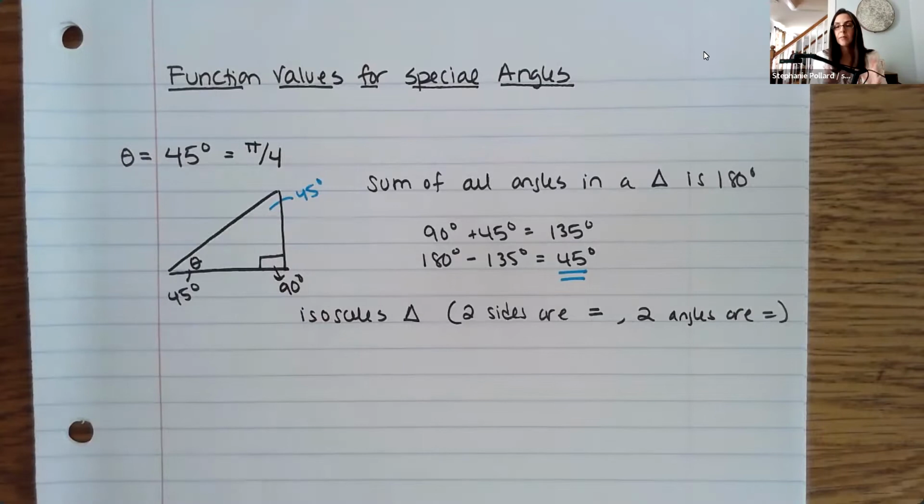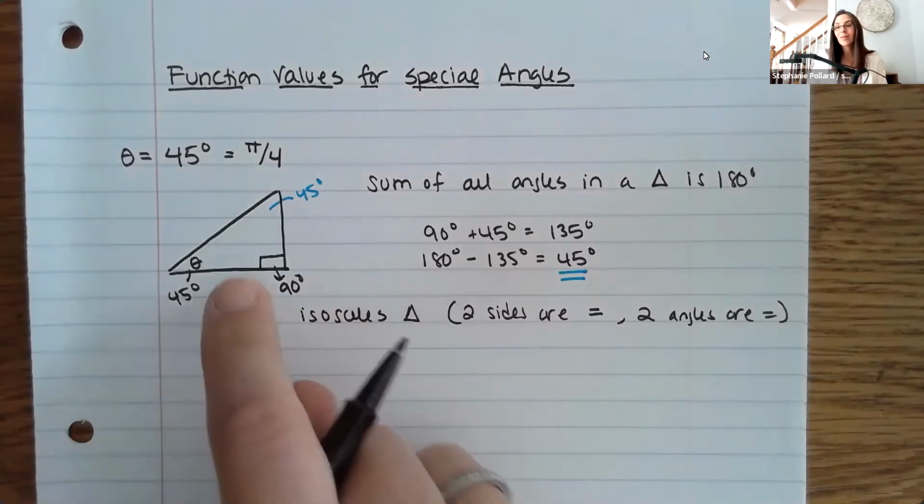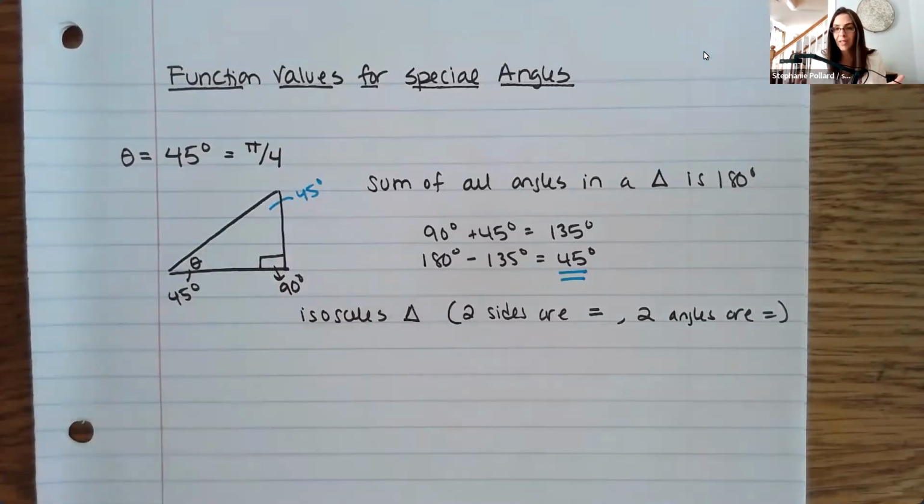You will see sometimes that the triangles could look bigger, or you could use different lengths, but if the angle is the same, it's not going to matter. It all comes down to the same ratio when you do your sine, cosine, tangent, and so on. I'm going to use 1 and 1 here, but if you tried it with 2 and 2, you'll see that you get the same result. It's really about the angle.